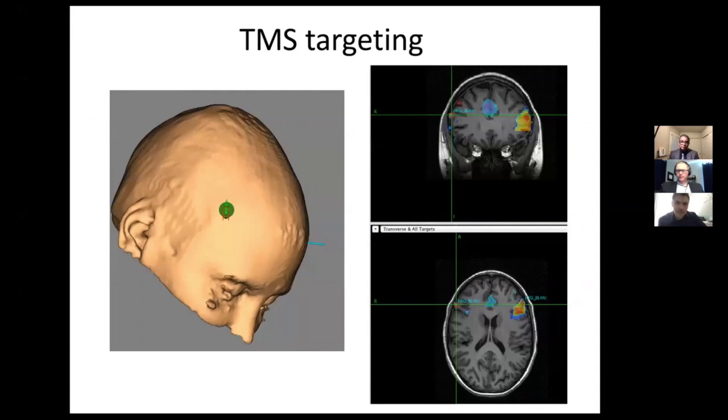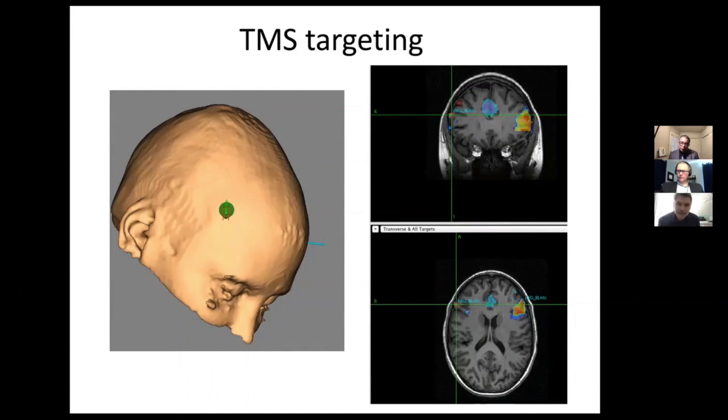So the way we do this is, you can take any map. You can take a structural map, a diffusion map, a functional map from a task or resting state, and we can do neuronavigated TMS, which is taking an MRI of that participant, using a neuronavigation system to map their scalp to their brain image, and you can overlay, like I said, any other kind of image you want on that person's brain.